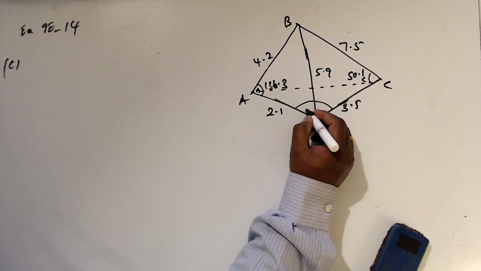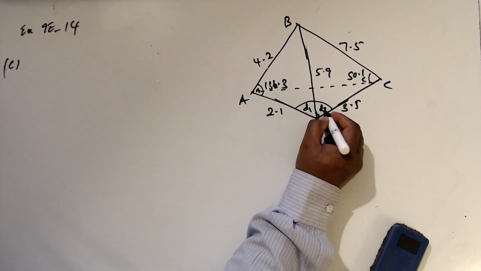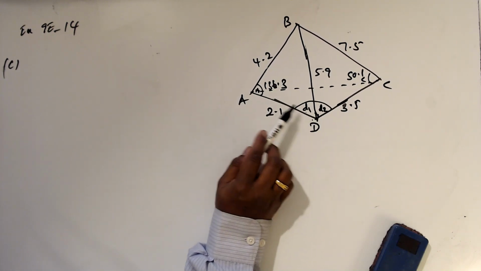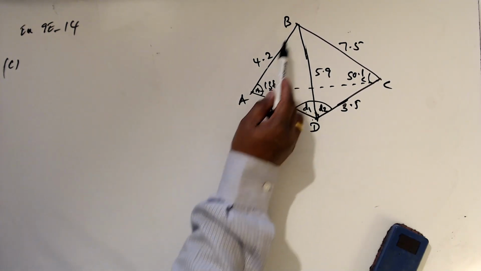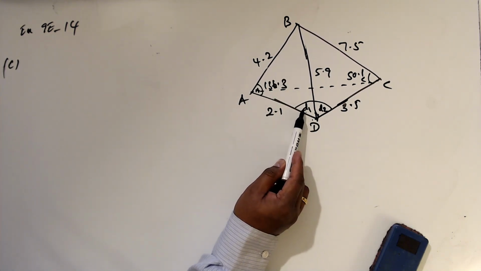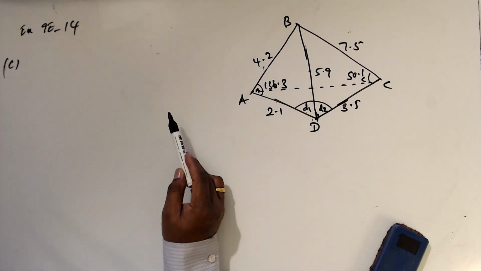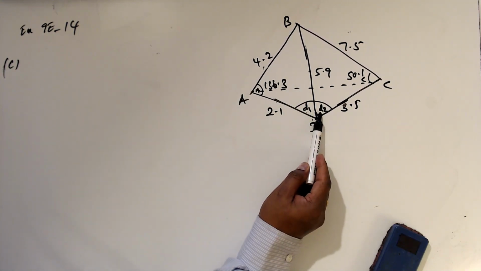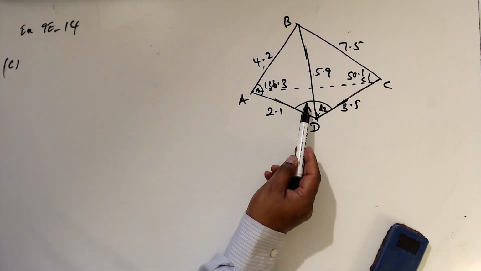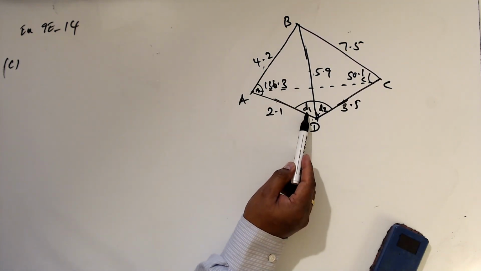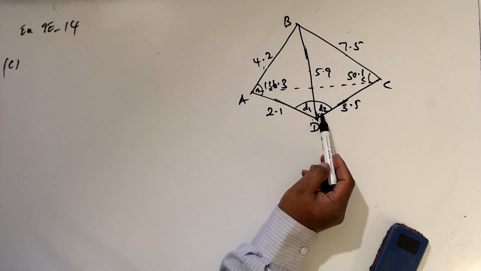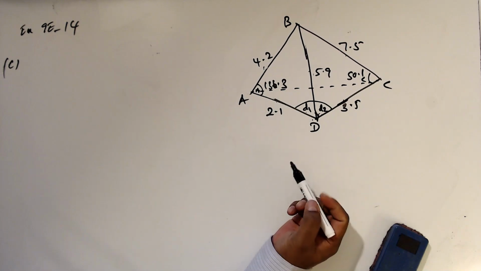But if I break this one d1 and d2, I can find d1 and d2 separately and add, because I know that d1 belongs to this triangle, and I can find because I know all three lengths. And when I consider d2, I know all three lengths again. So from the cos rule I am going to find d1, and from the cos rule I am going to find d2, and then I add those two triangles.